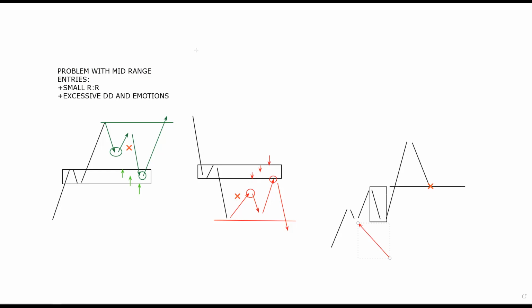So if you can refine this zone here, we'll now use the origin of the zone, because this is the origin of this push and it's the origin of this push. So we'll use that origin to actually give us an entry. So we'll be taking the entry from this point here. Okay, so the entry will be from that point, and then we anticipate price to push to the upside.